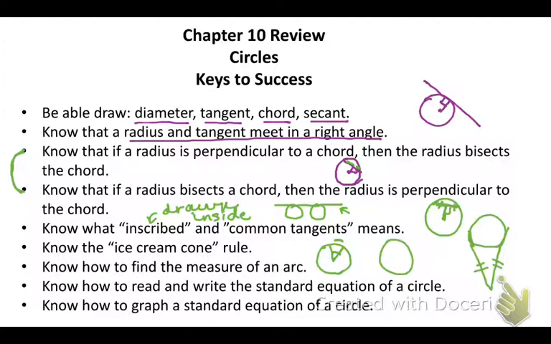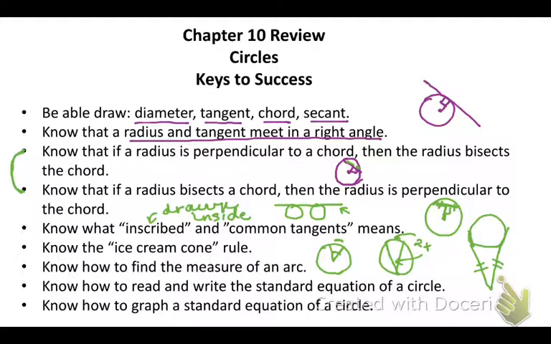When you have an arc that's created by a vertex on the circle, then the arc measure is equal to 2 times this vertex, and we'll go over that in a little bit, but definitely remember the difference between the two.